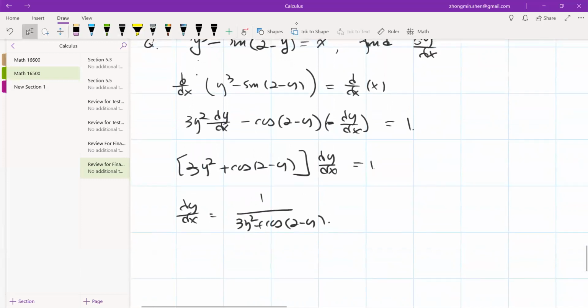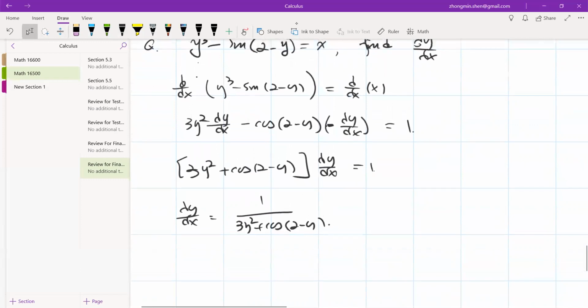It's only negative if you took the derivative of 2 minus y. There are two parts, two separate terms: the differential of y cubed, then the differential of sine of 2 minus y. This is one term.